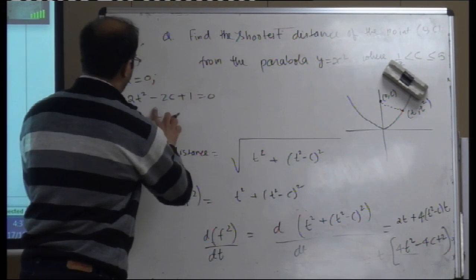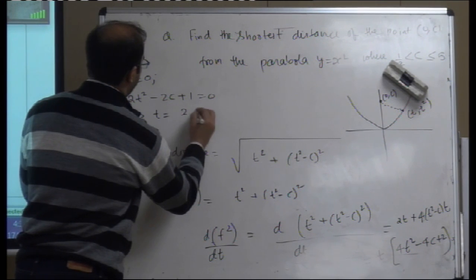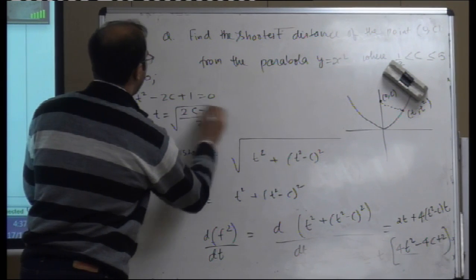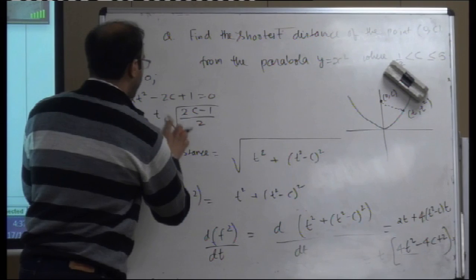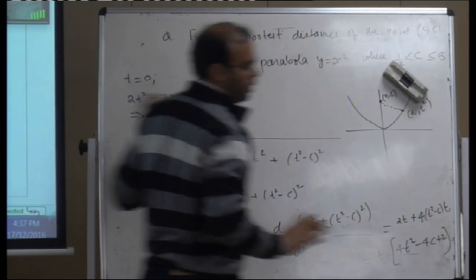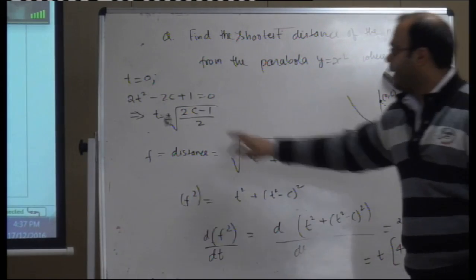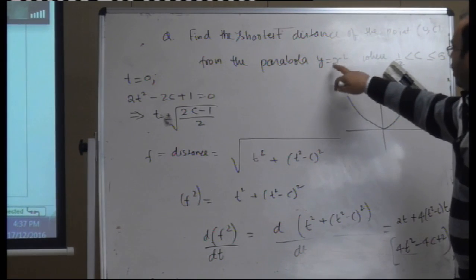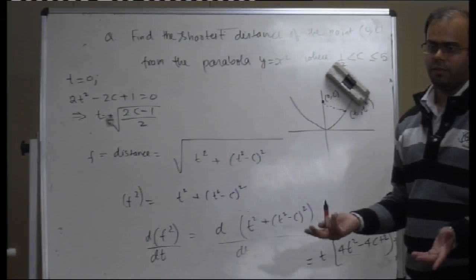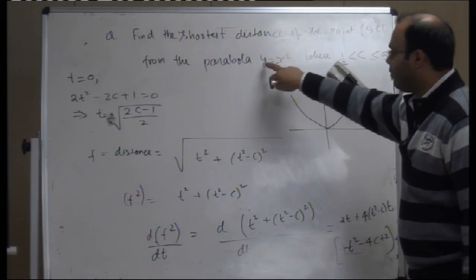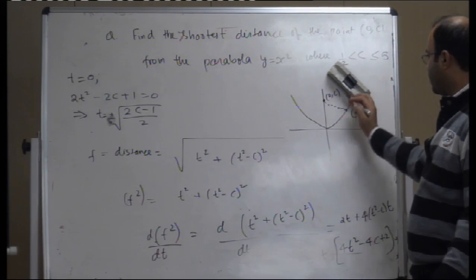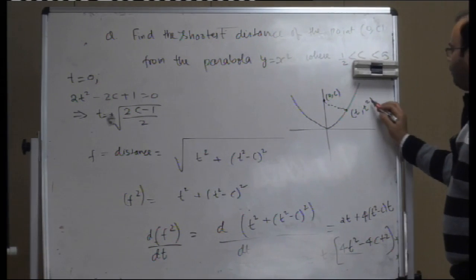So this will become t equal to plus minus root of (2c minus 1) upon 2. Now this plus minus sign is quite logical, because y cannot be negative, but x could be negative. x is actually t and y is t square.